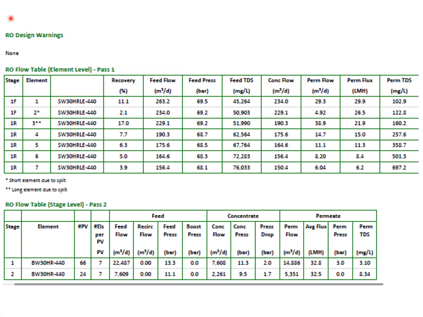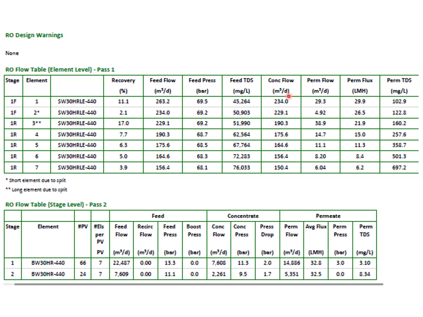And this is the RO design warning. So based on the flow balance, permeate flow, retentate flow, and then all the balance can be calculated, how many elements, whether water is flowing very well, and then design warning can be found, what could be the information there. And this is a stage and the recovery for each element and the flow rate.